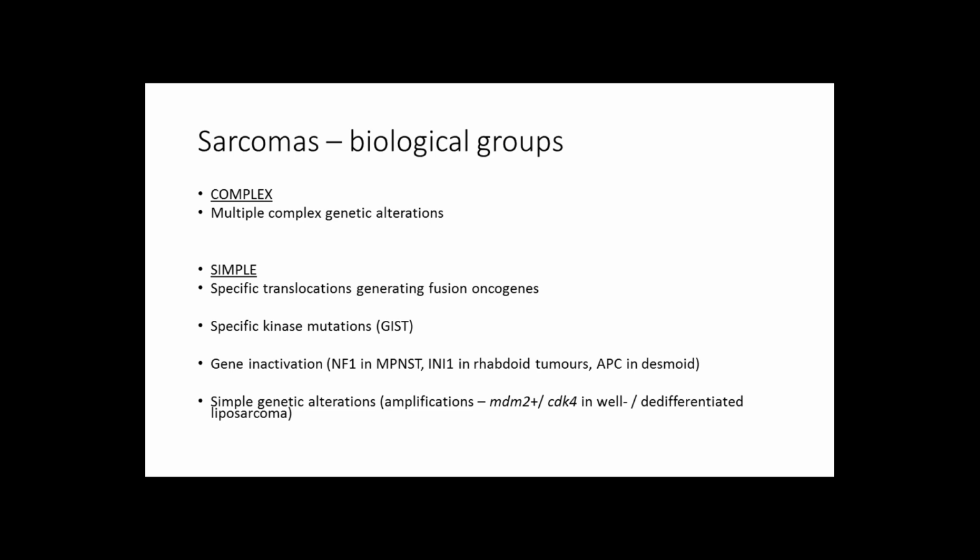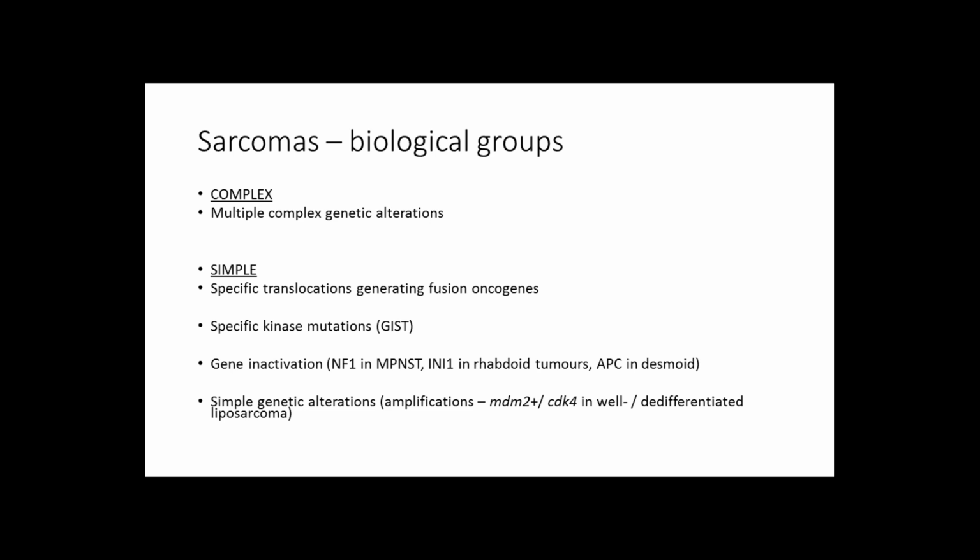In addition, there are tumours characterised by gene inactivation, so NF1 in malignant peripheral nerve sheath tumour, or MPNST, INI1 loss in rhabdoid tumours and epithelioid sarcoma, as well as APC in desmoid tumours.